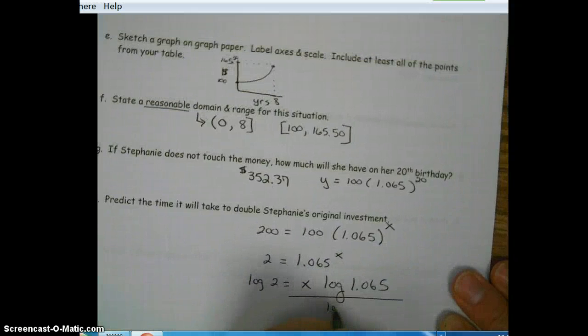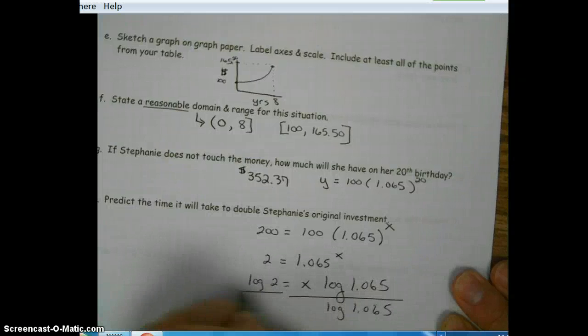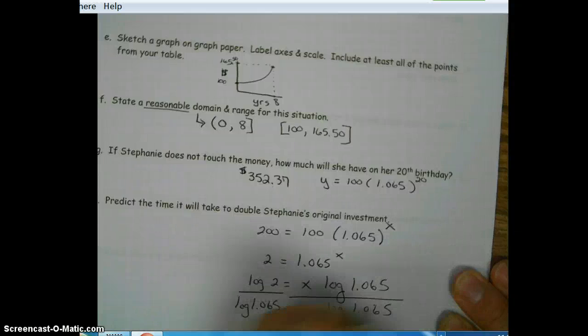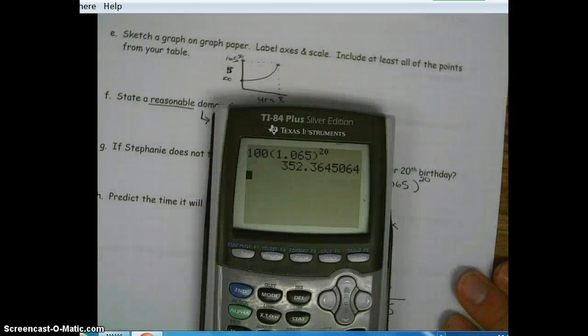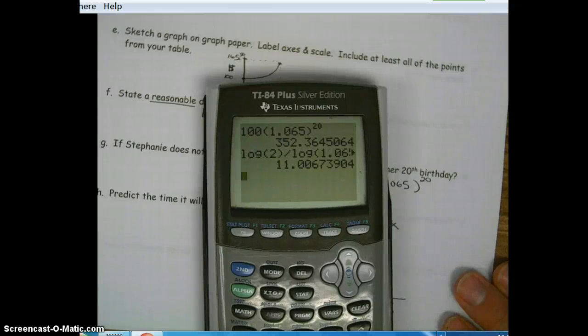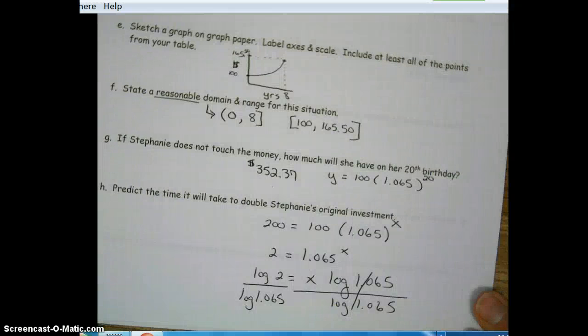Divide by the log. Alright, let's see what we get. Log of 2 divided by log 1.065. So 11 years.